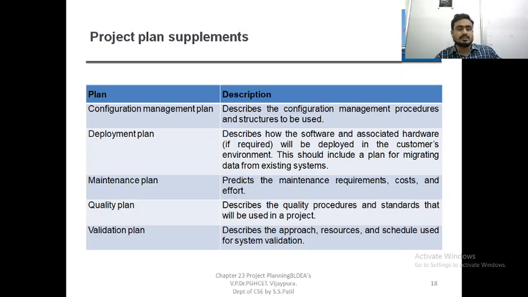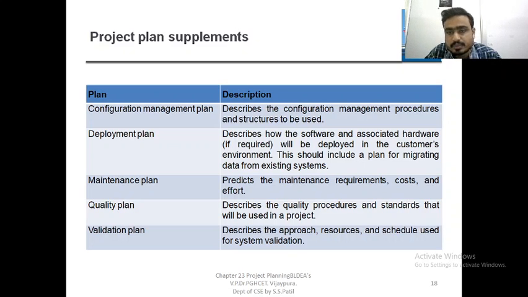So these points are going to be covered in the project plan. Project plan supplements. The configuration management plan describes the configuration management procedures and structures to be used. Deployment plan, maintenance plan, quality plan, validation plan. The deployment plan describes how the software and associated hardware will be developed in the customer's environment.